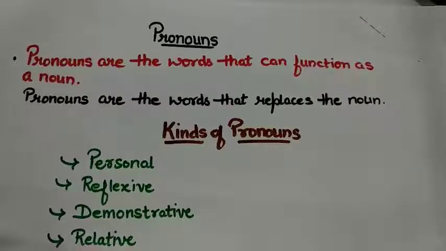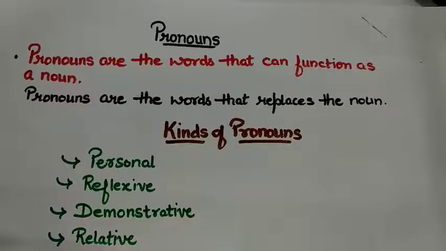So, basically, what we do with the pronoun is, if I say Ram is sleeping, he is going, he is eating. Now you must be observing that I'm not using the word Ram again and again. So I can say that the noun is replaced by a pronoun: he, she, it, or some other pronouns also.